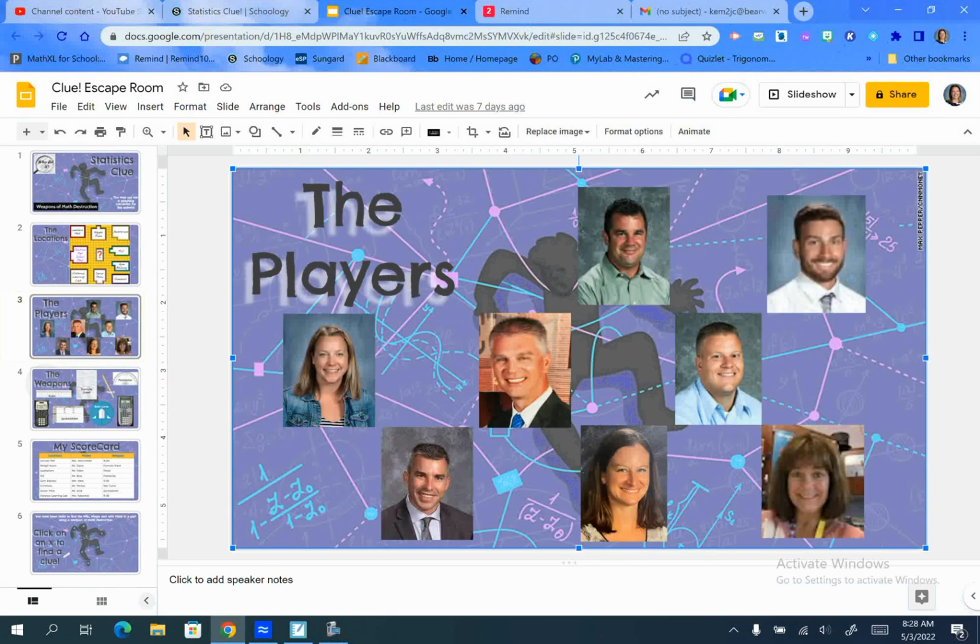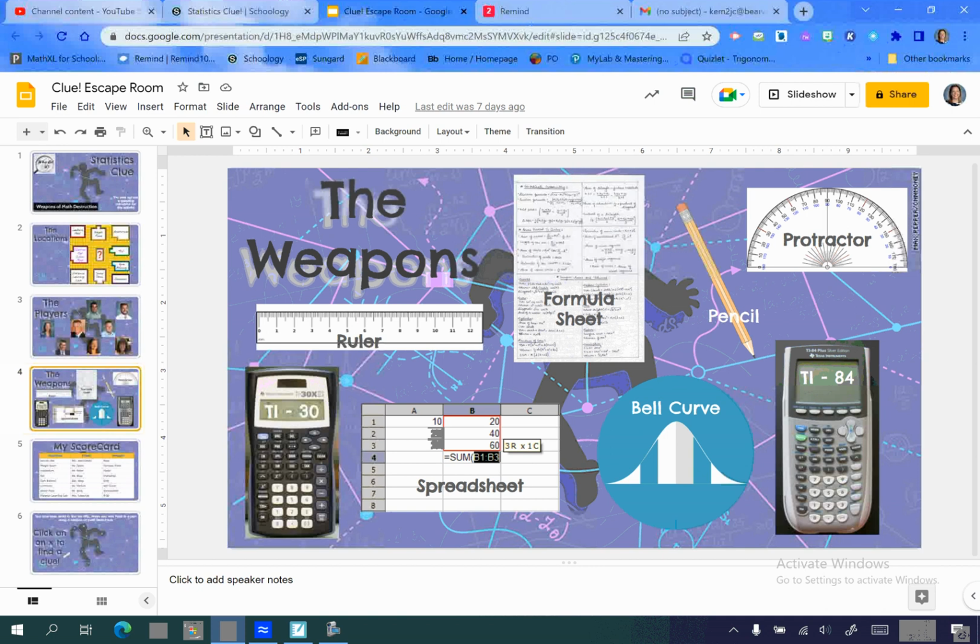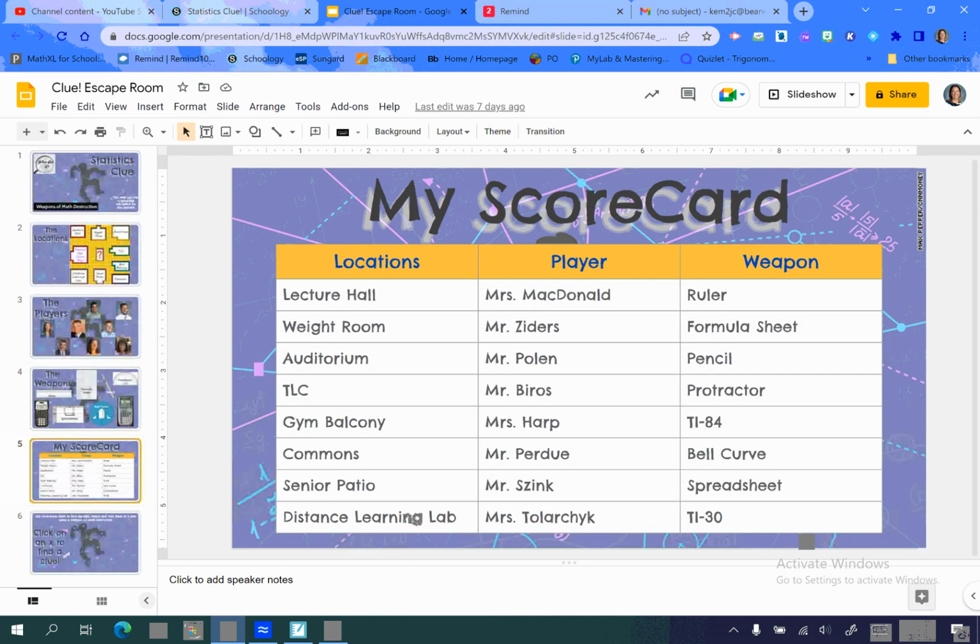And there are 7 weapons of math destruction. Okay. You have a scorecard. So your job is to eliminate the people that didn't do it, the locations that it didn't happen in, and the weapons of math destruction that were not used, and figure out exactly when, who, and with what did this terrible thing, whatever it is.